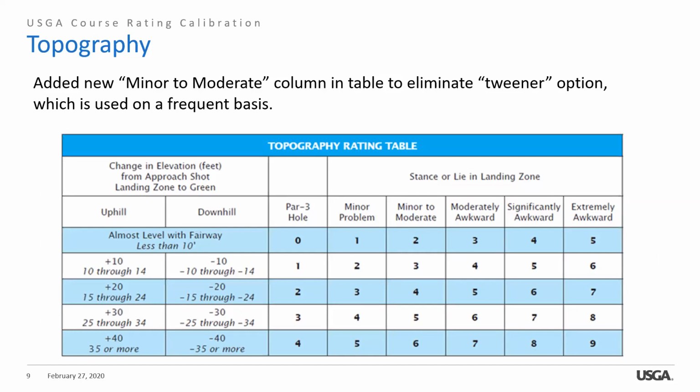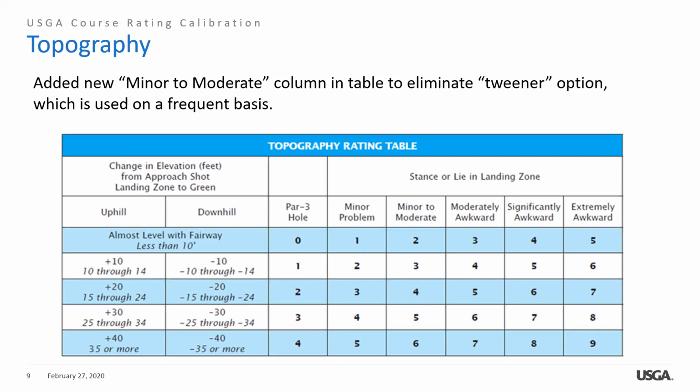Yes, please. Sure. So on a 3-stroke hole or a par 5, there's a tee shot, there's a subsequent shot, and then an approach shot. Both of the shots that are not tee shots are in fact evaluated for topography.